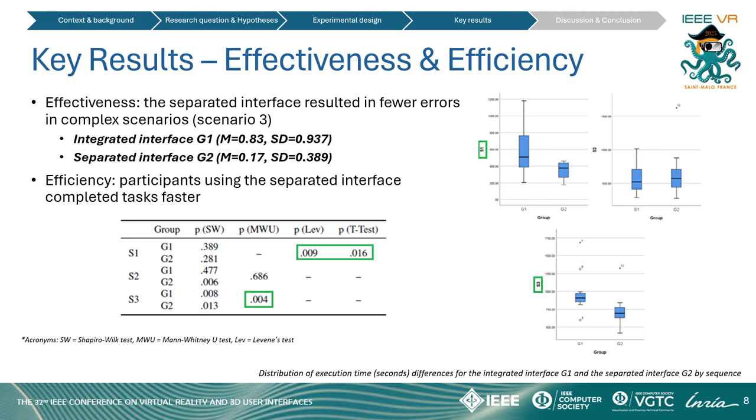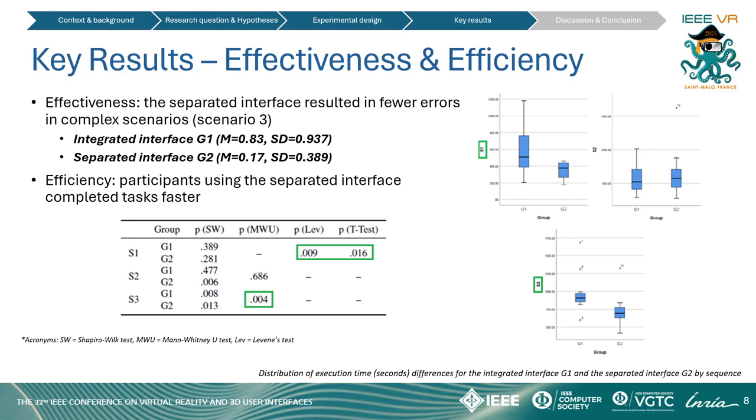Effectiveness: we don't see any errors by participants in both groups for the first and the second scenarios, but for the last one, the separated interface group made fewer errors, especially in the most complex looping scenario.